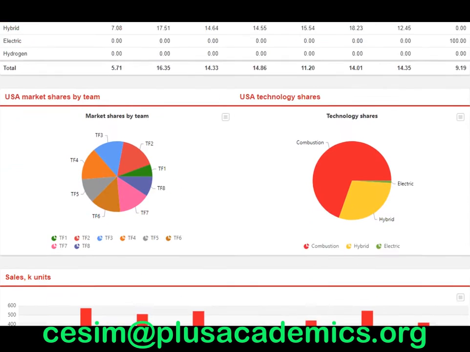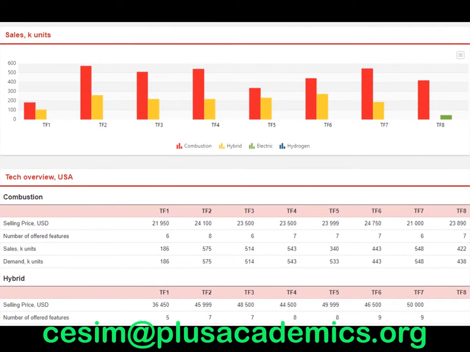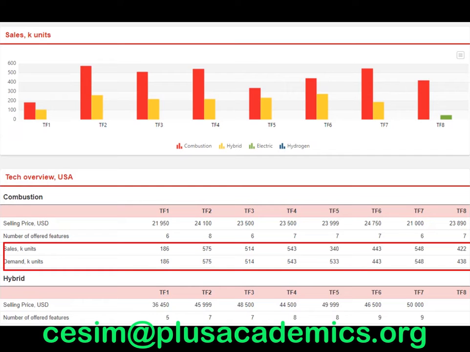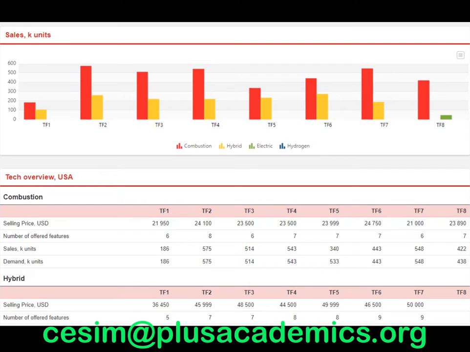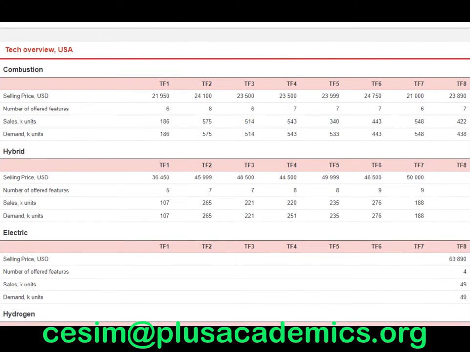In USA, the marketing report suggested that we sold 186 units in the previous round, but the industrial average was above 400 units. So we estimate that if we do everything right, we could reach 400 units in USA. For hybrid, we estimated that we could go to 200 because the average was above 200.